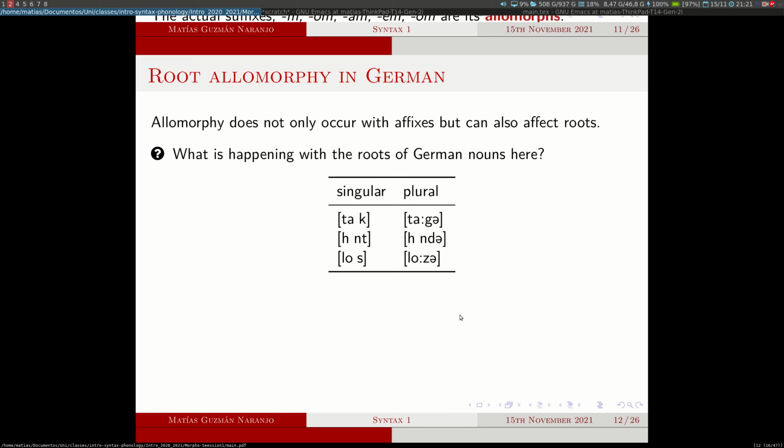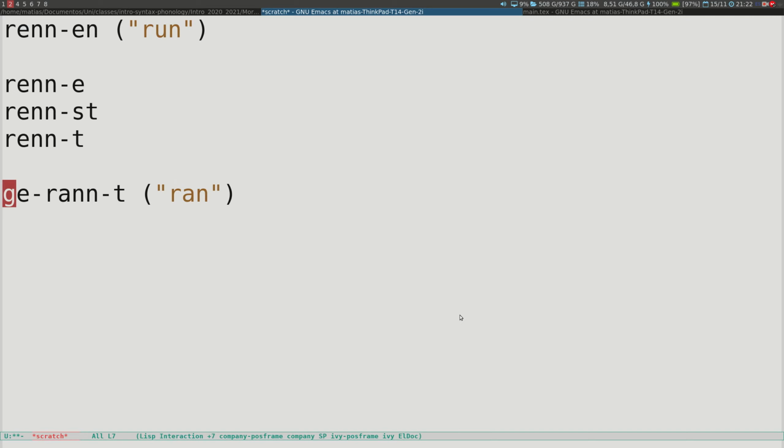Okay, in German again. Allomorphy doesn't only occur in affixes, it also occurs in words. If you remember our example from 5 seconds ago, you see that the root, the lexical morpheme here, the ren, can appear in a different form, from ren to ran.